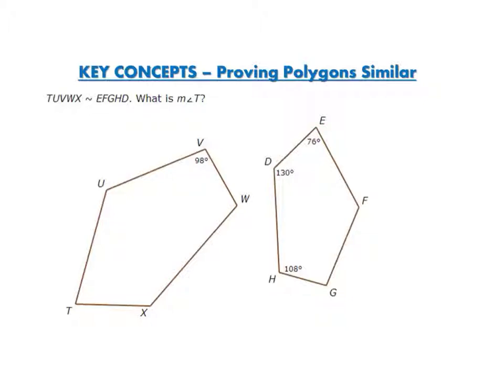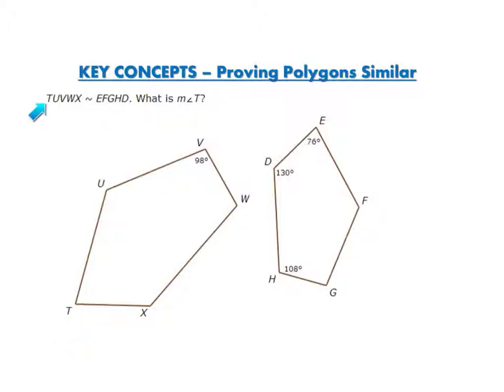All right, when we're talking about angles, it's fairly easy. Here we have two pentagons, and it says TUVWX is similar to EFGHD. What is the measurement of angle T? Okay, that one's right there. Now, you might say, well, I have to match these up and figure out which is which, but you really don't.